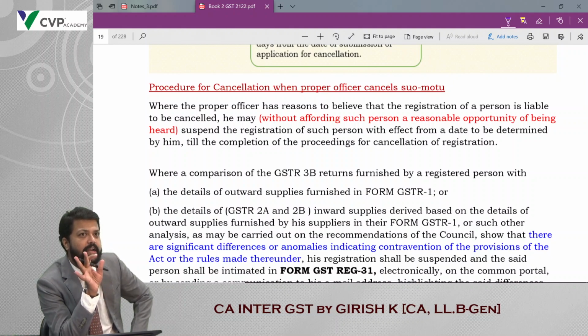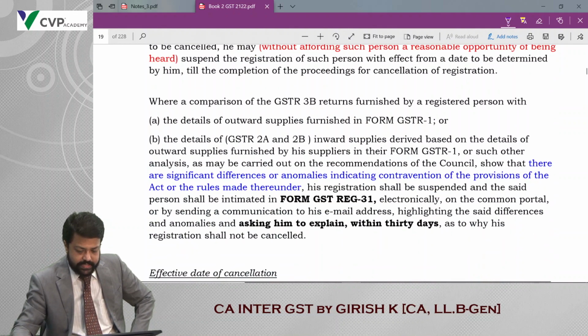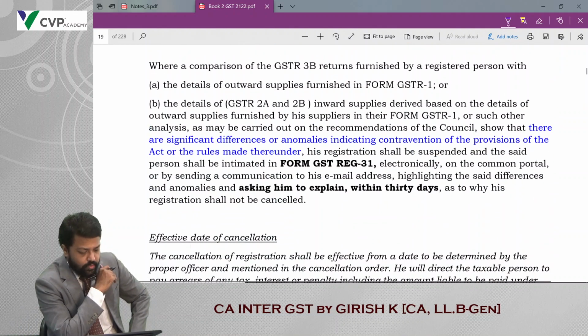That is not a final cancellation, this is just an intermediary step. Where a comparison of GSTR 3B returns furnished by a registered person with the details of outward supply furnished in GSTR 1, or the details of inward supplies in 2A, 2B derived based on the details of outward supply furnished by the supplier in their form GSTR 1, or such other analysis as may be carried out on the recommendation of the Council, shows significant differences or anomalies indicating contravention of the provisions of the Act or the rules made thereunder, his registration shall be suspended.